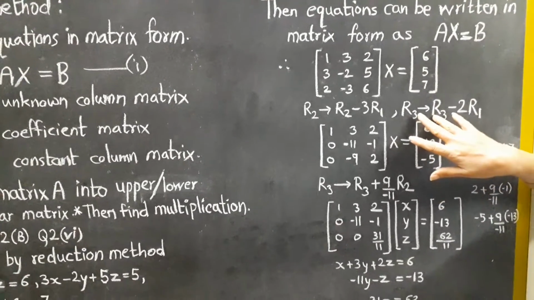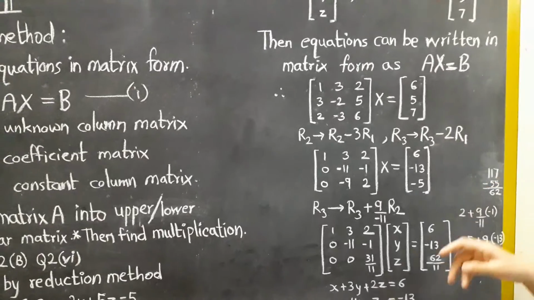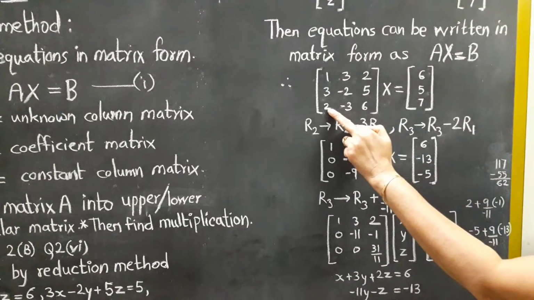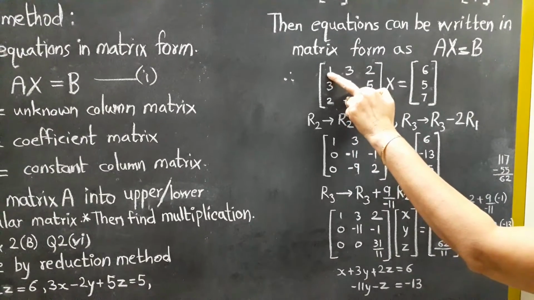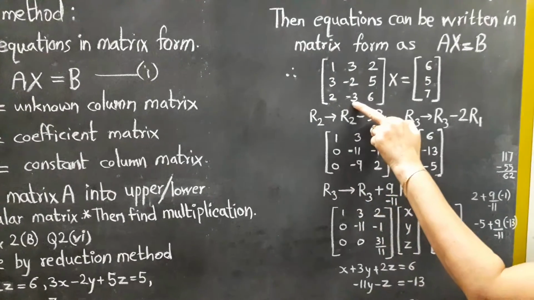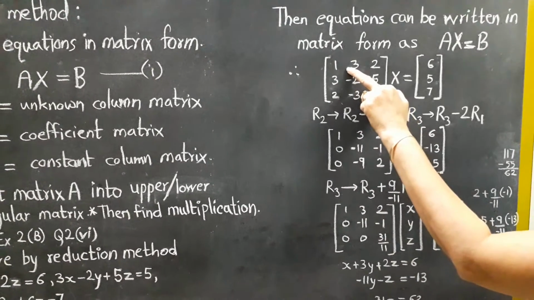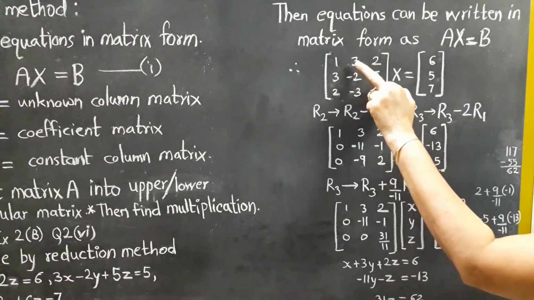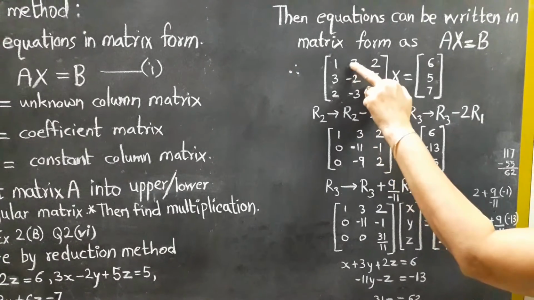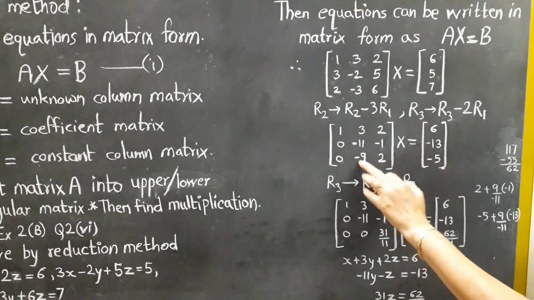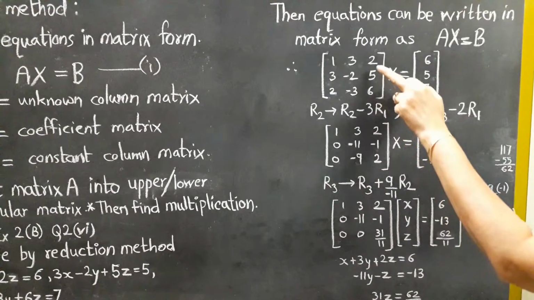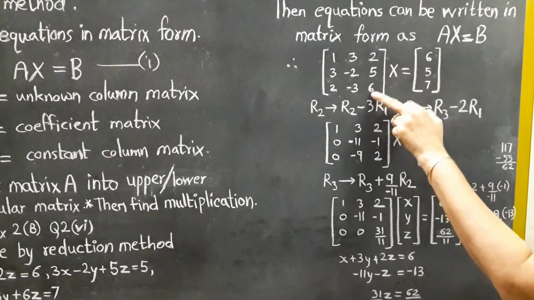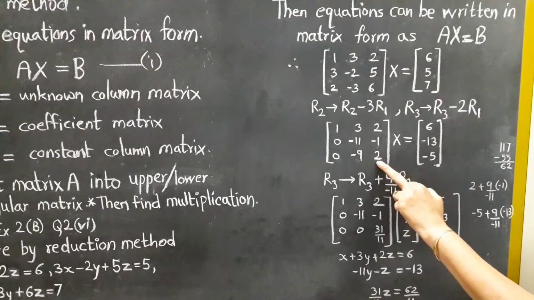In the same manner, R3 minus twice R1: 2 minus twice 1 is 0; -3 minus 2 times 3 is -6, so -3 minus 6 is -9. 6 minus 2 times 2 is 4, so 6 minus 4 gives me 2.